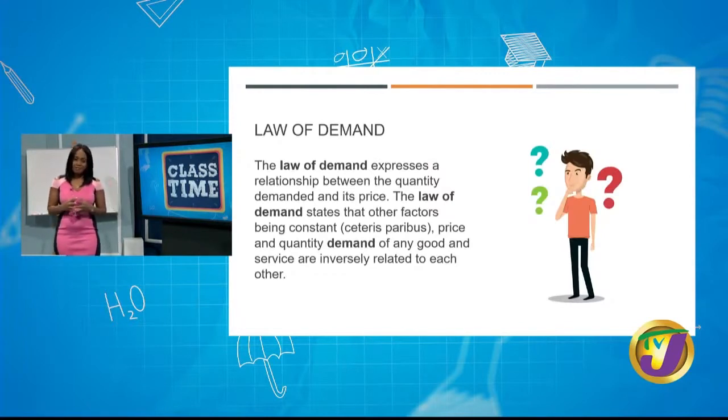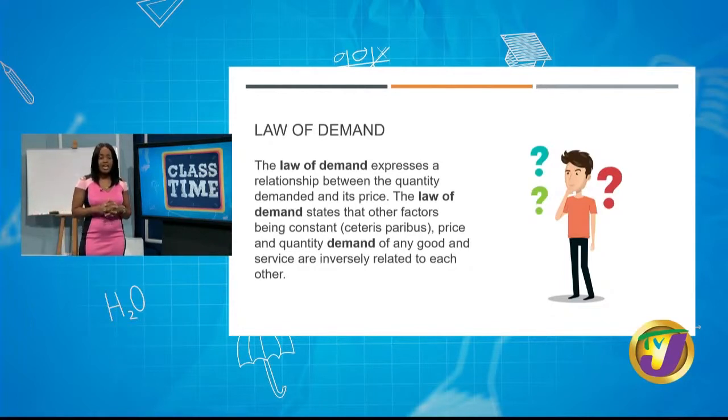Now, the law of demand states that, holding all other things constant, there is an inverse relationship between price and quantity demanded. It simply means that when price is moving in one direction, quantity demanded is moving in the opposite direction. Hence the term inverse or indirect or even negative relationship.